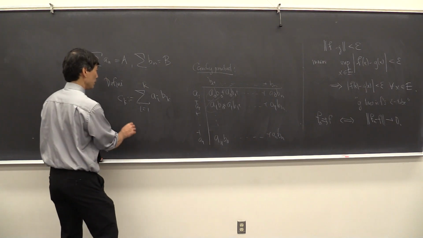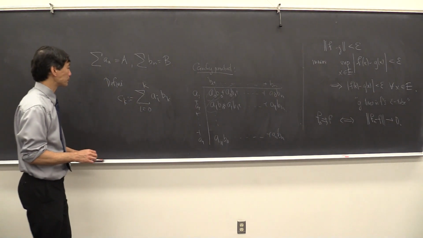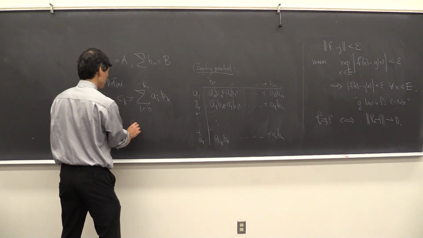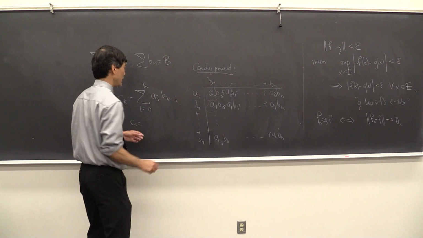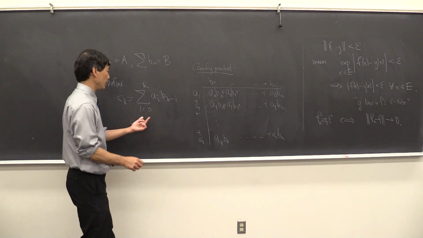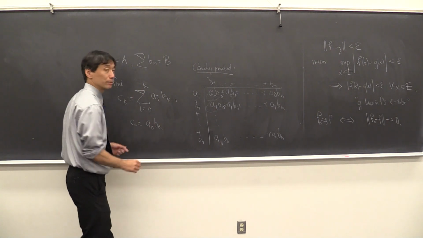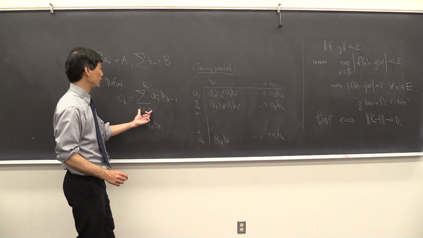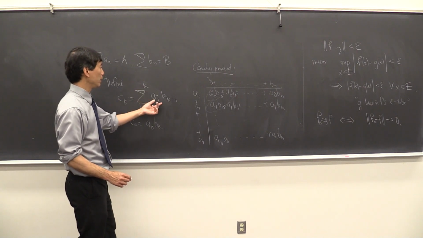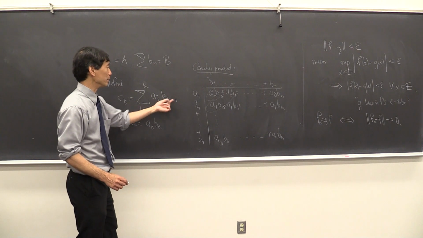So Ck, you sum from 0 to k. C0 is just going to be A0B0, because you're summing from 0 to 0, Ai times B(0 minus i).